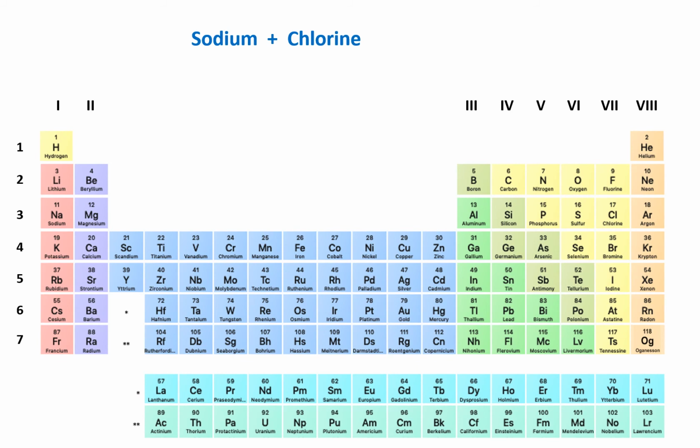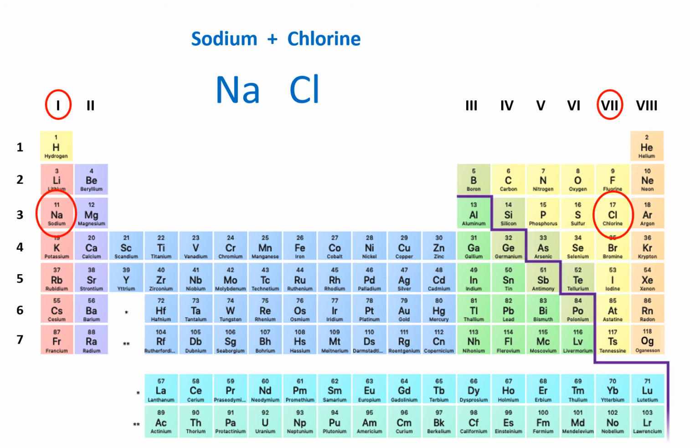Sodium is in group 1. Its symbol is Na. Chlorine is in group 7. Its symbol is Cl. Sodium's location to the left of the zigzag line indicates that it is a metal, and chlorine's location to the right of the zigzag line indicates it is a nonmetal.